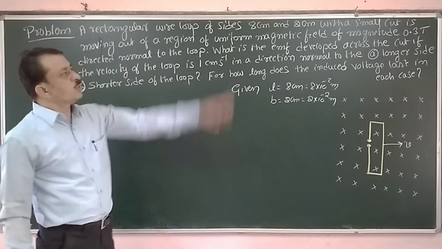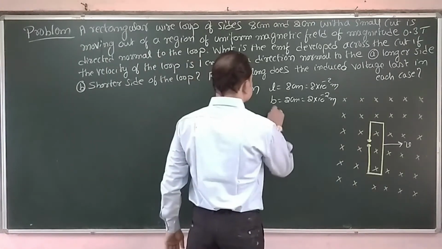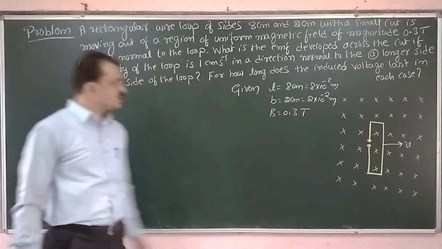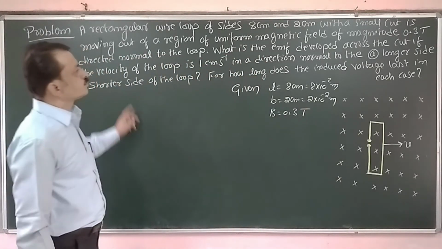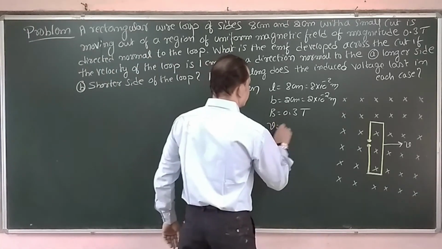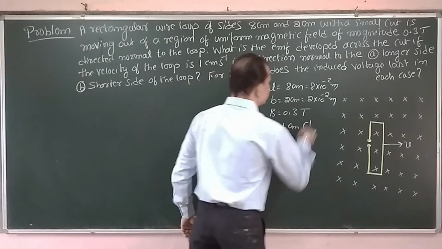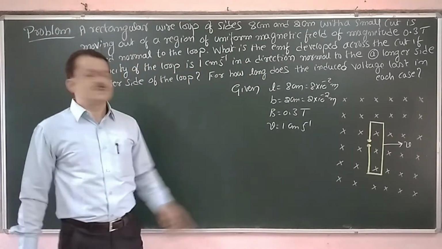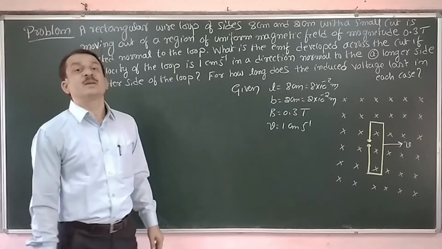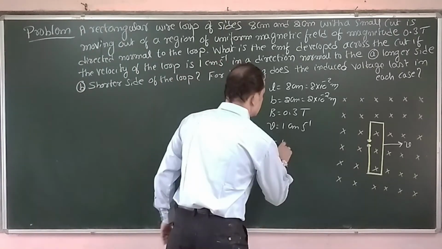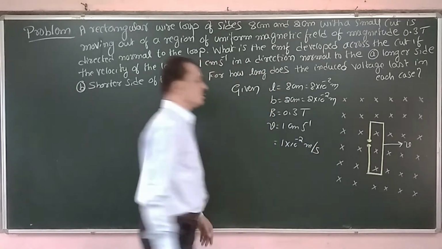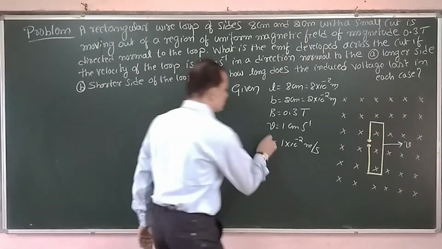Uniform magnetic field is given, B is equal to 0.3 Tesla. And the velocity with which it is moving is 1 centimeter per second. It is not in SI unit. You have to convert it into meter per second. Therefore, it is 1 into 10 raised to minus 2 meter per second velocity.